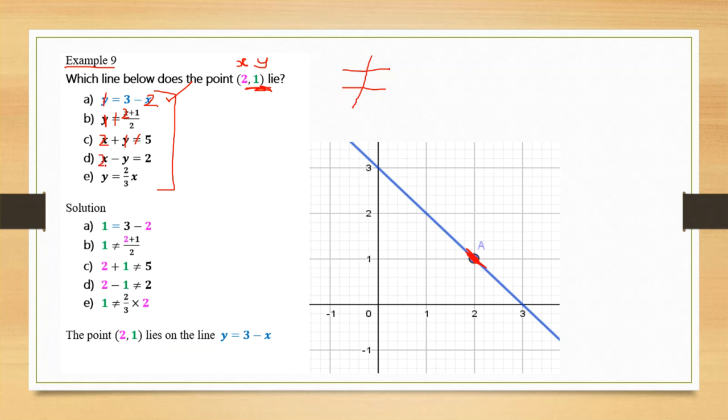So 2 take away 1. 2 minus 1 is 1, not equal to 2. 2/3 times 2 doesn't equal 1. So they're not equal. So you can see down here, I've got these symbols. So the point lies on that line.